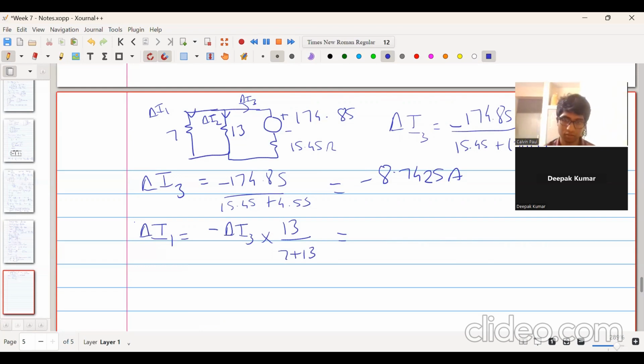So what will be the value? Delta I1 is how much?